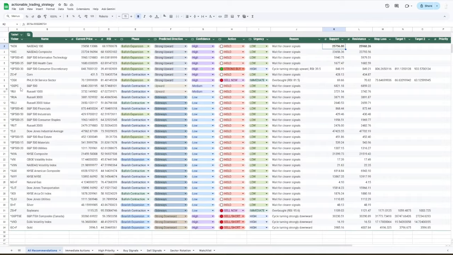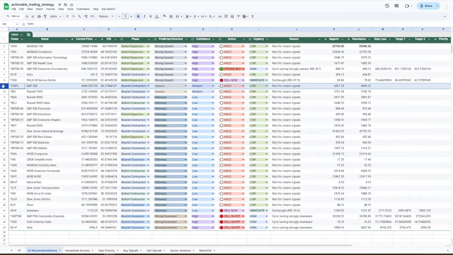Now let's take the S&P 500. Okay, the S&P 500 is here, and it tells us it's a bearish contraction, but the direction is upward. That's very, very useful, because it tells you the market is going up, but the whole index is in a bearish contraction. So if you see a sell-off, it's expected. You can reasonably expect it.